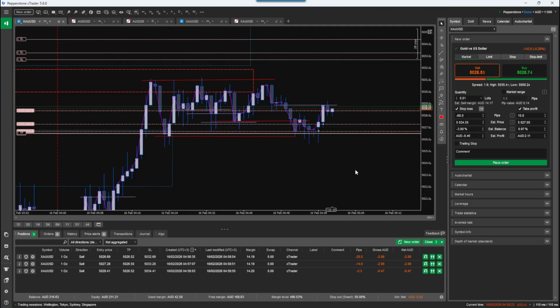This is the risk in buying, putting a trade on at short, going short at short.